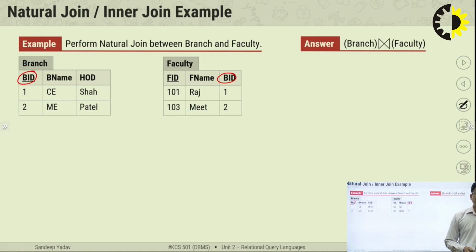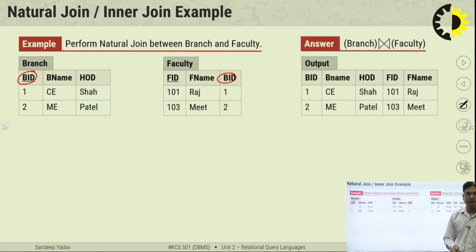Branch natural join faculty. Now we will see what steps will be followed. The output will be BID, branch name, HOD, faculty ID followed by faculty name. So this will be the output, and in the output we show both of these things.